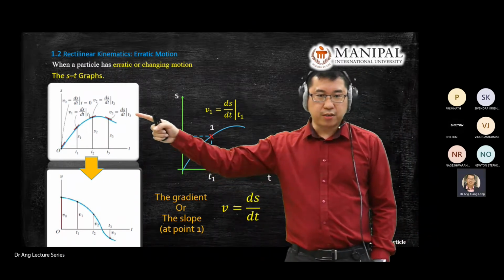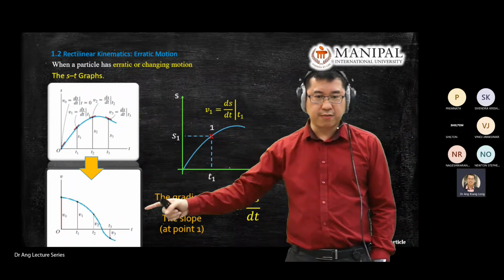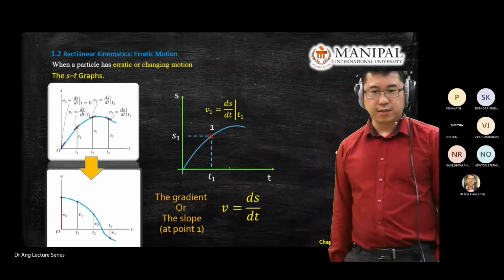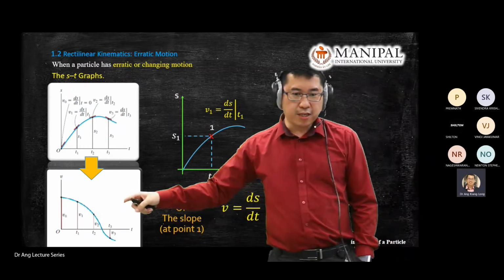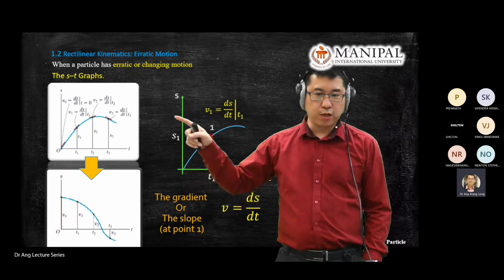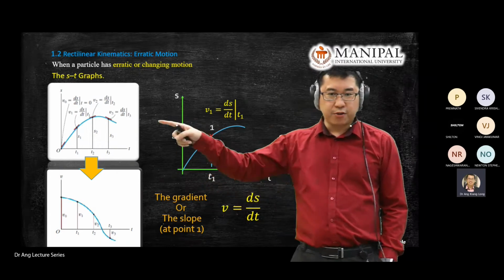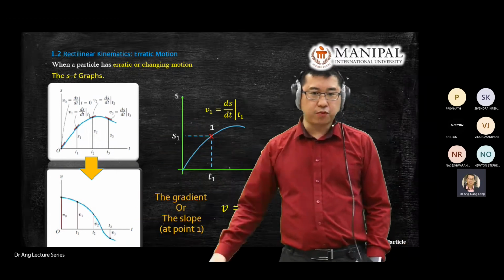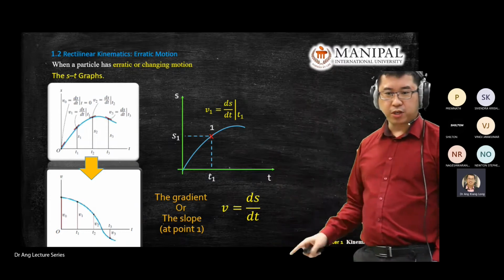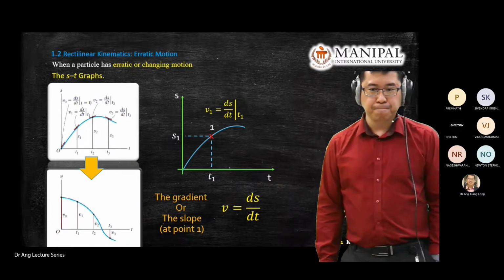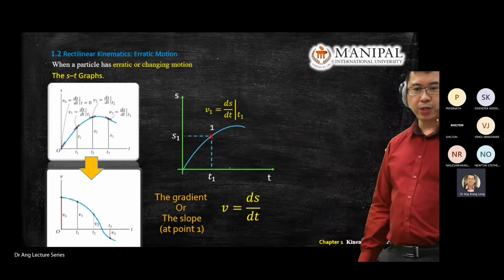That's why you can change the S versus T graph into VT. At this moment, ignore the shape of the graph, but I want you to know that from the S versus T graph, you can change to VT by using the differentiation equation. Any questions so far?